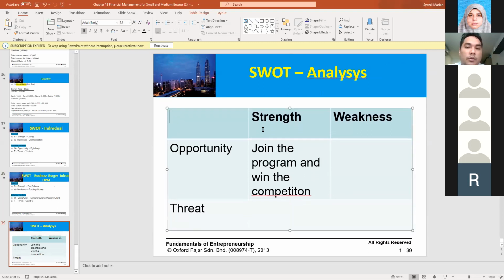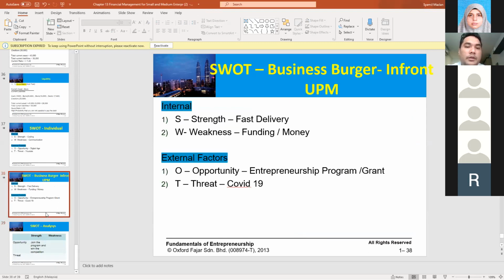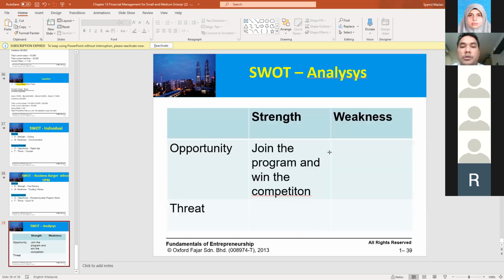So what happened next is we see what the weakness is, the weakness of Aiman himself, or Muhammad Burger. For example, you have some weakness but you want to take the opportunity, so what should you do? For example, we have a problem of funding money, right?